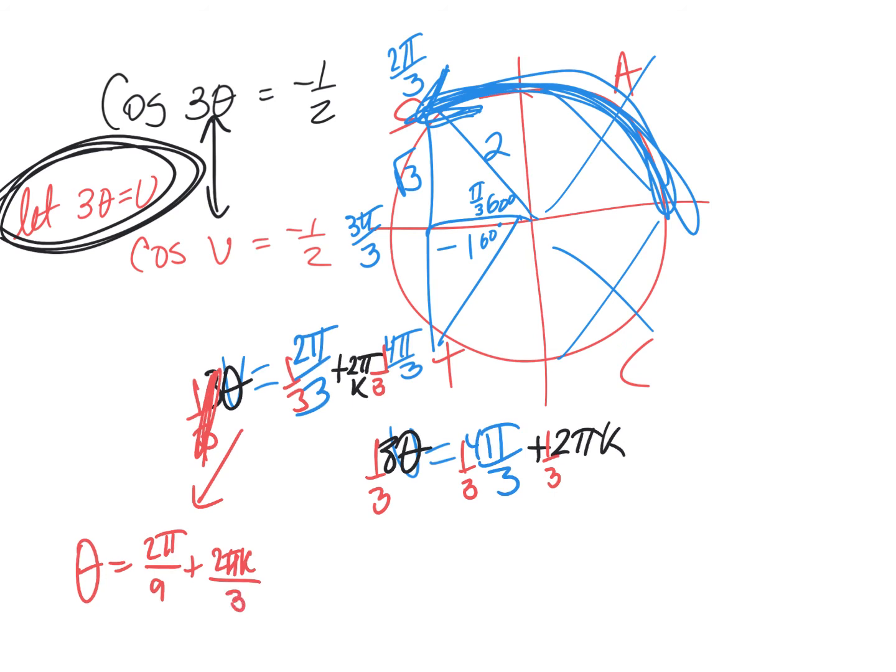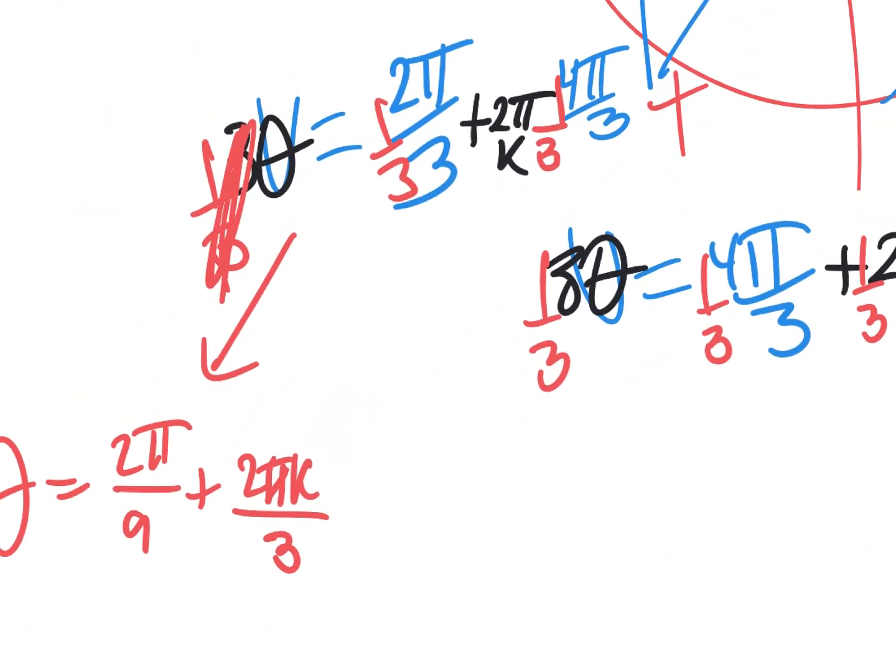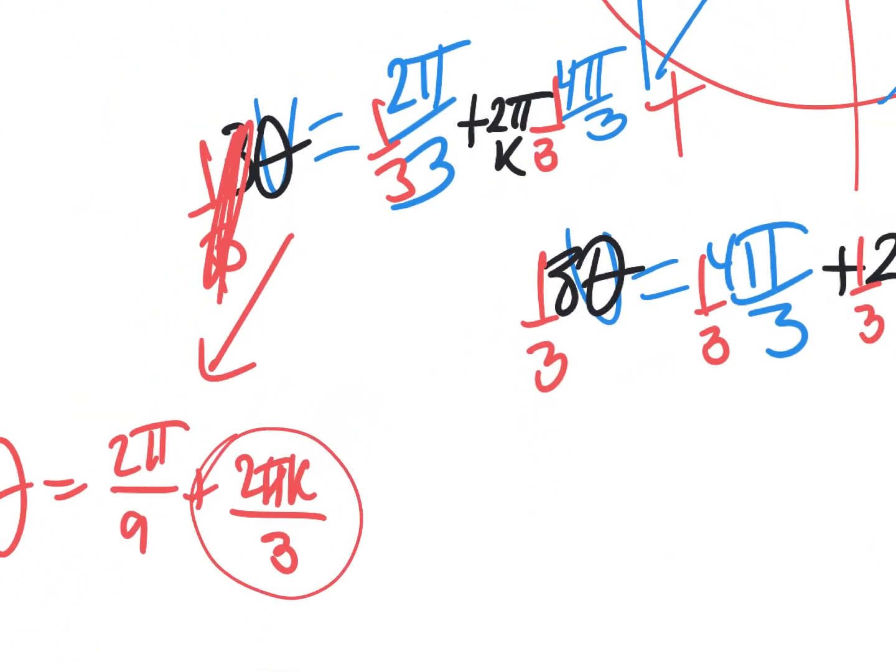That's why it isn't just plus 2 pi k. Look at, in the problem, there was a 3 right here. Remember how the period, you divide by that number? You take the 2 pi and you divide it by 3. That's why this is 2 pi k divided by 3.